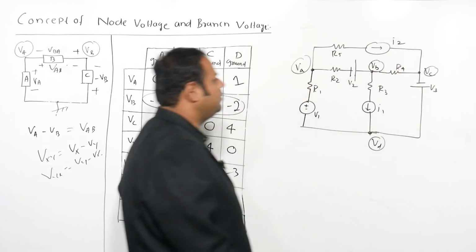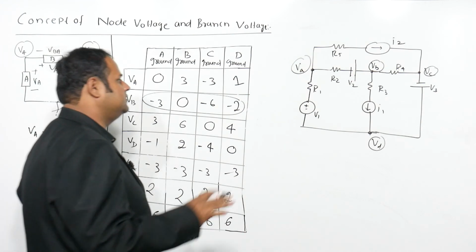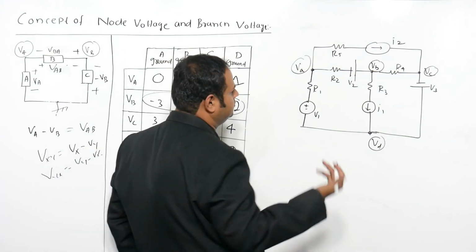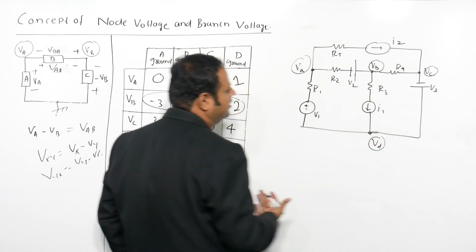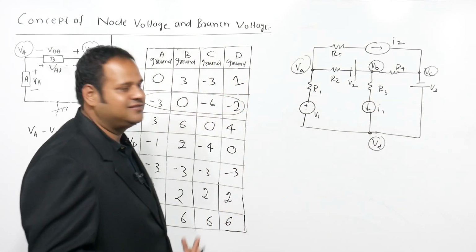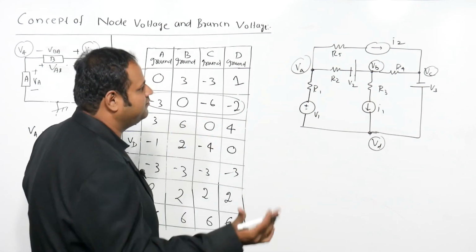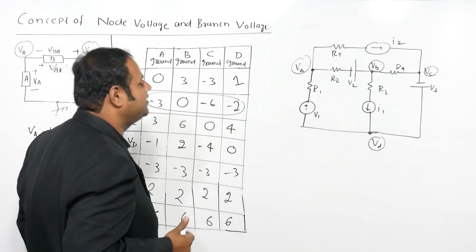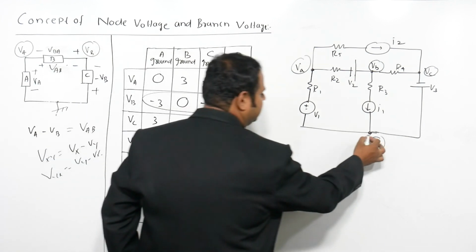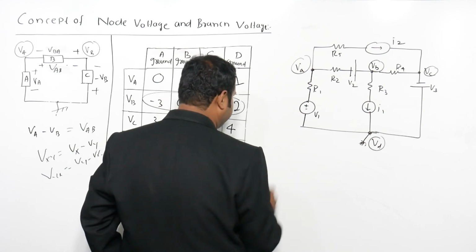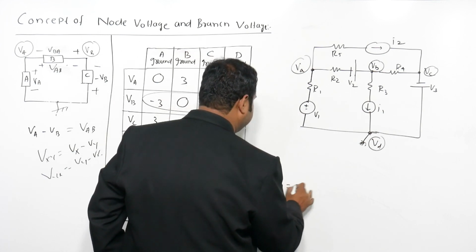So something like randomly I have taken. Now suppose somebody is saying, obtain the value of VA, VB, VC. There are of course many ways you can go about it, think of mesh analysis, superposition, various other ways. But nodal analysis, let's say, most of you might prefer to solve this by nodal analysis. Let us say you have taken this point as the ground for your comfort. If I take this point as ground, obviously VD equals 0.